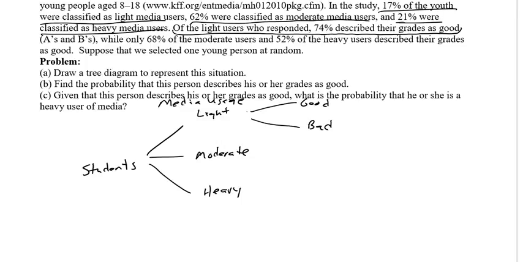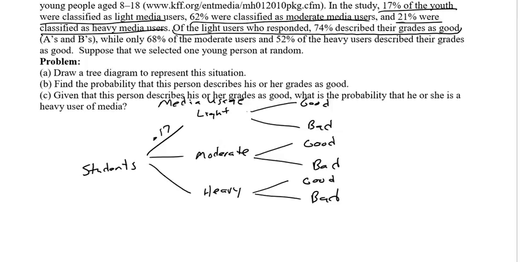And now we're going to just fill in the percentages here. So 17%, 0.17, were light users, 62%, 0.62, moderate, and 21% were heavy media users. Now, of the light users who responded, 74% described their grades as good.